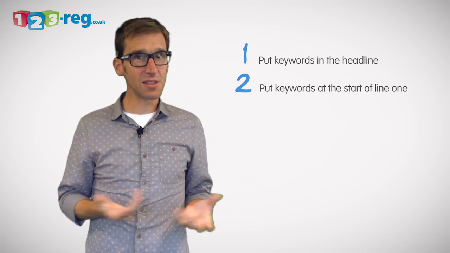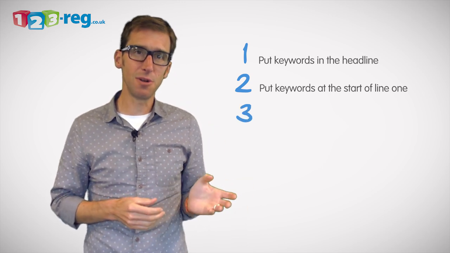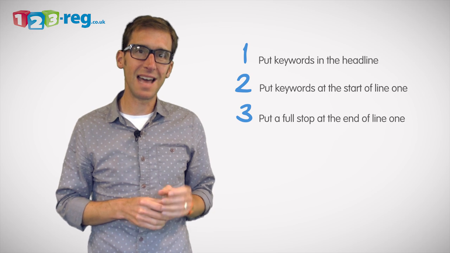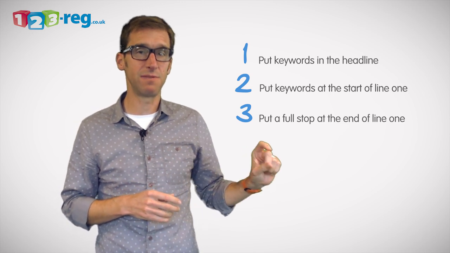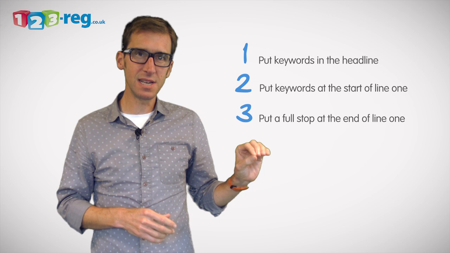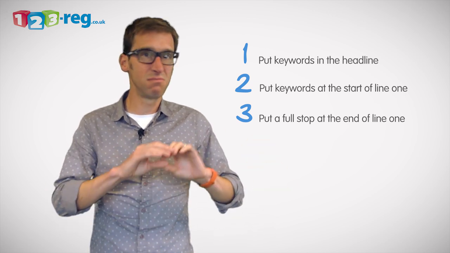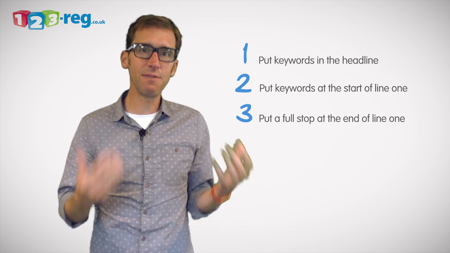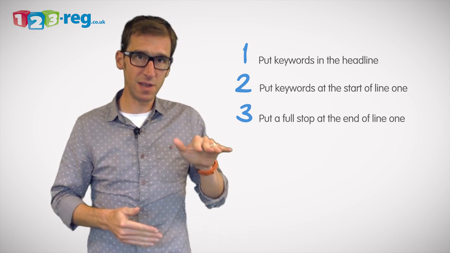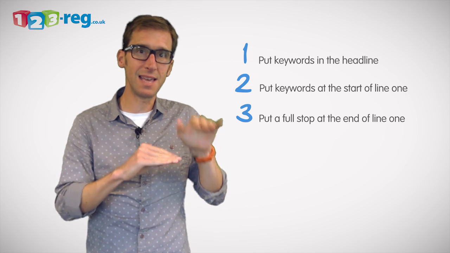So the third thing that you can do is put a full stop or an exclamation mark at the end of your descriptive line 1. If you do this, you tell Google that the line 1 and the line 2 are different sentences, and you give Google the confidence to move those sentences around within the ad.